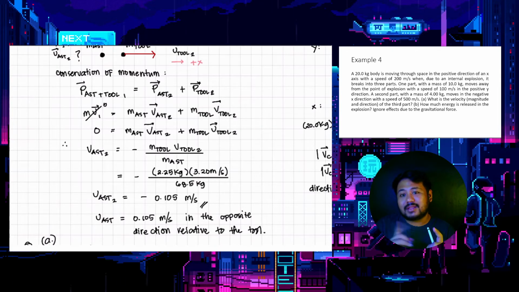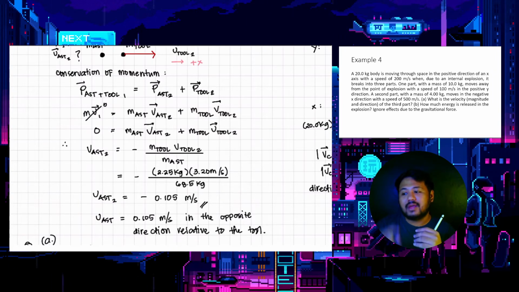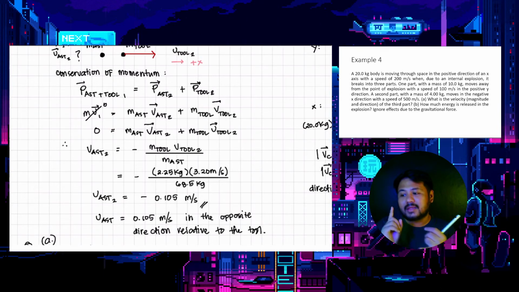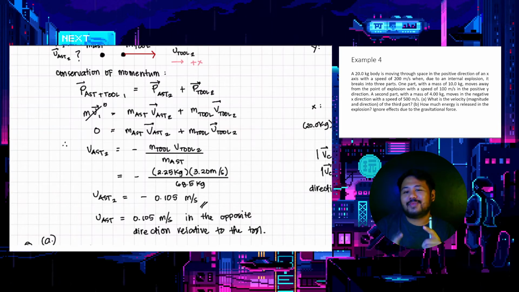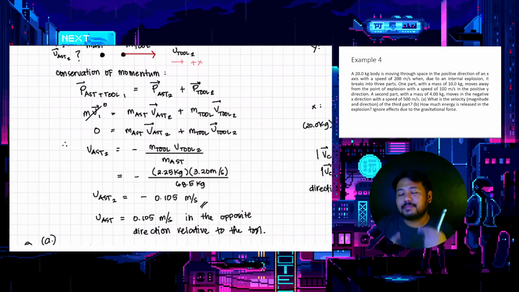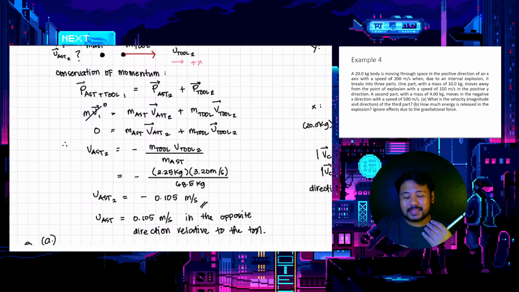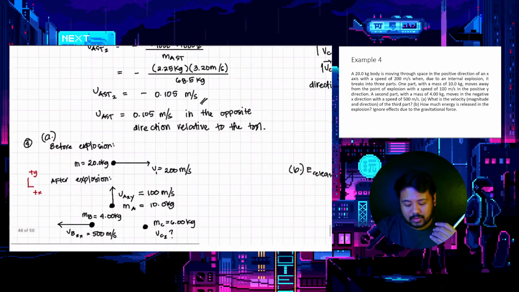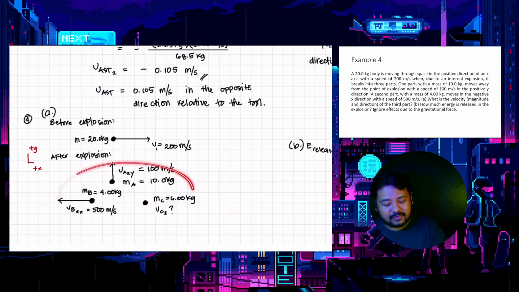We have a body that's 20 kilograms, and then after the explosion, it is ripped apart into 3 pieces. You have the 4 kilograms, and then you have the 10 kilograms. By conservation of mass, we know that the third piece has a mass of 6 kilograms.